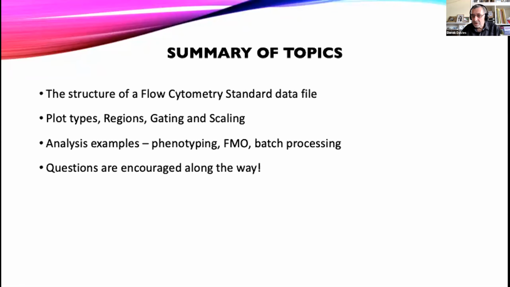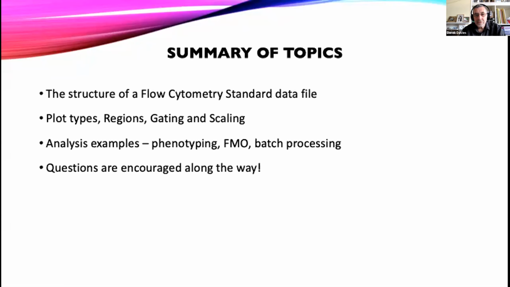Last time we looked at FlowJo, and we looked at the anatomy of a flow cytometry standard file. If you remember, all flow cytometers will produce data in the same format, flow cytometry standard format. We looked at simple ways we can display our data using polygons and different types of bivariate plots, and the ways we always have to reduce our data to the things we're interested in, which we do by using regions and gates.